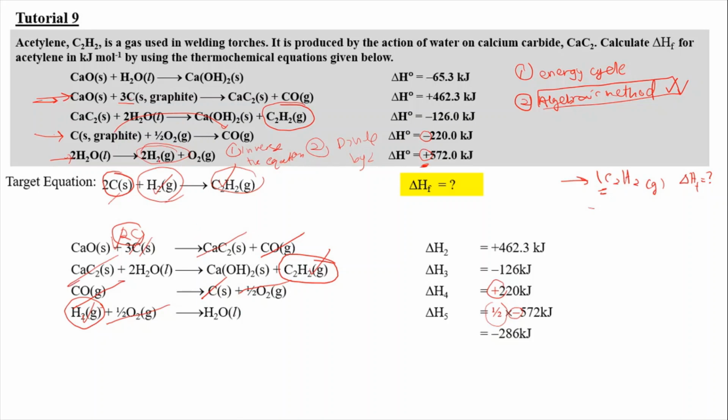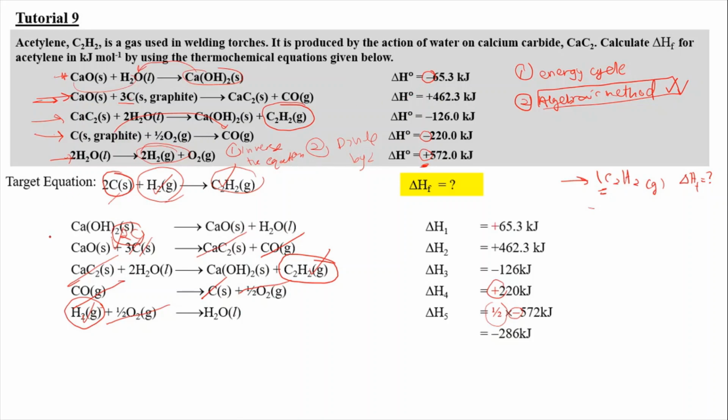Now for the last equation: CaO plus H2O going to Ca hydroxide. I think we need to inverse the equation so that we can cancel out the calcium hydroxide here. So this needs to be on the reactant and this one at the product, so we're going to change the sign.